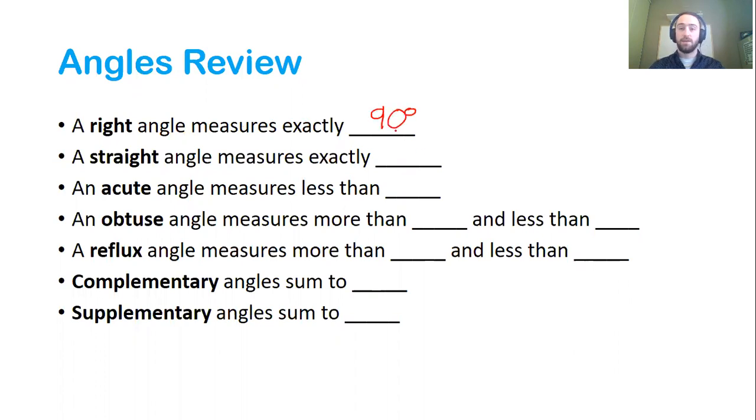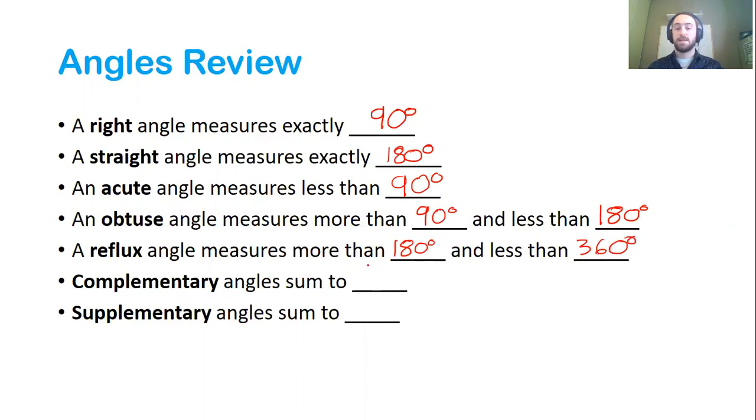A straight angle measures exactly 180 degrees. An acute angle measures less than 90 degrees. An obtuse angle measures more than 90 degrees, but less than 180 degrees. A reflex angle measures more than 180 and less than 360 degrees.